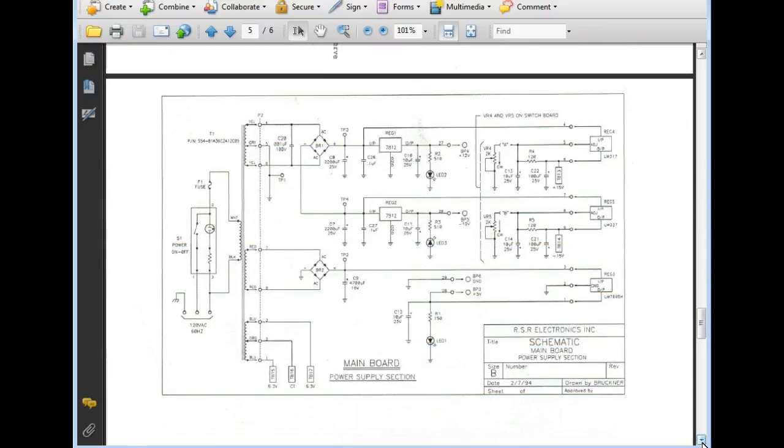So here's the power supply section. We have a multi-winding transformer. Here's a fuse. I usually like to fuse the primary because that way you try to protect the transformer. But this is a multi-winding transformer.